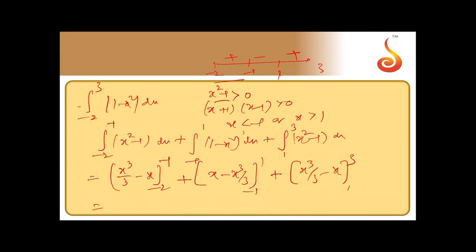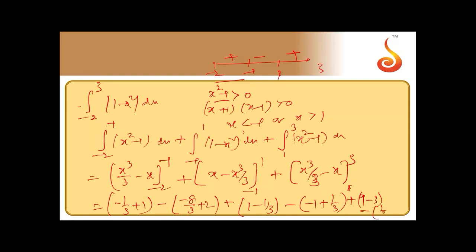Substituting, you will be getting minus 1 by 3 plus 1, minus, substituting minus 2, minus 8 by 3 plus 2. Plus, if you substitute 1, 1 minus 1 by 3, minus minus 1 plus 1 by 3. Plus, this is 3 cube, 27 by 3, 9 minus 3, upper limit minus lower limit.